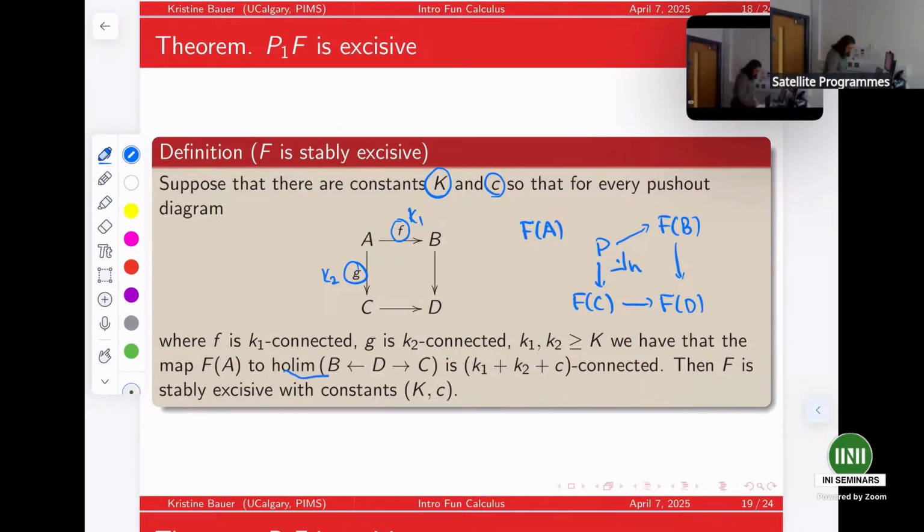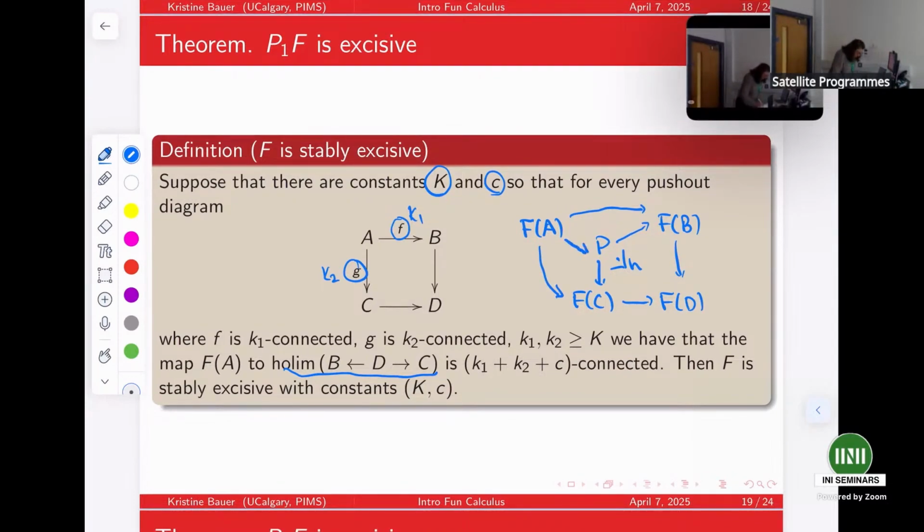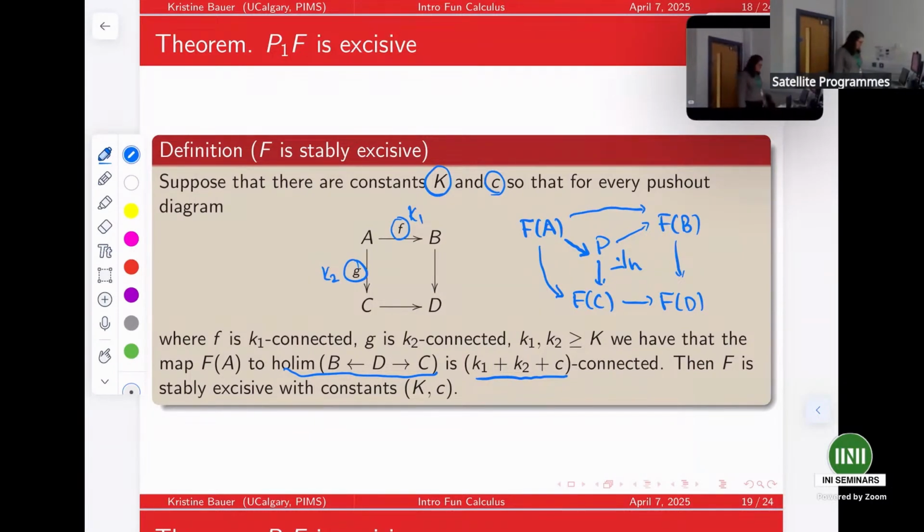That's this homotopy limit. And of course, this outer diagram will still commute because F is a functor. So what I want is that this map is K1 plus K2 plus C connected. Okay, so if F has a constant K and a constant C that satisfy this, then F is stably excisive with constants K and C.